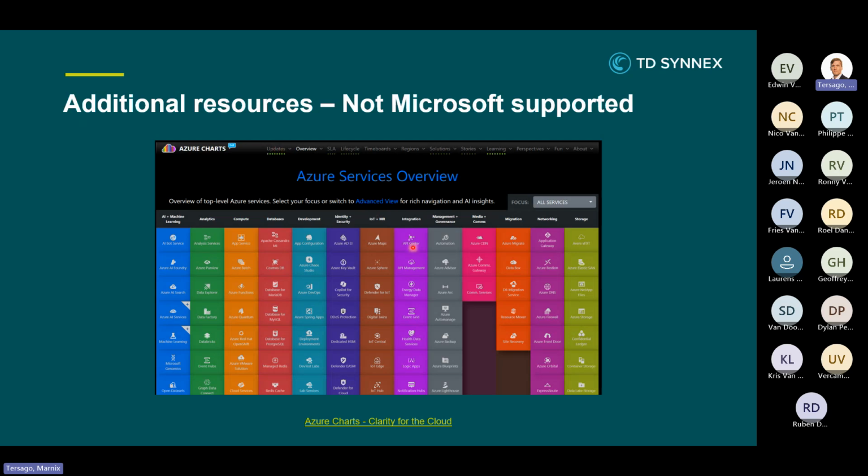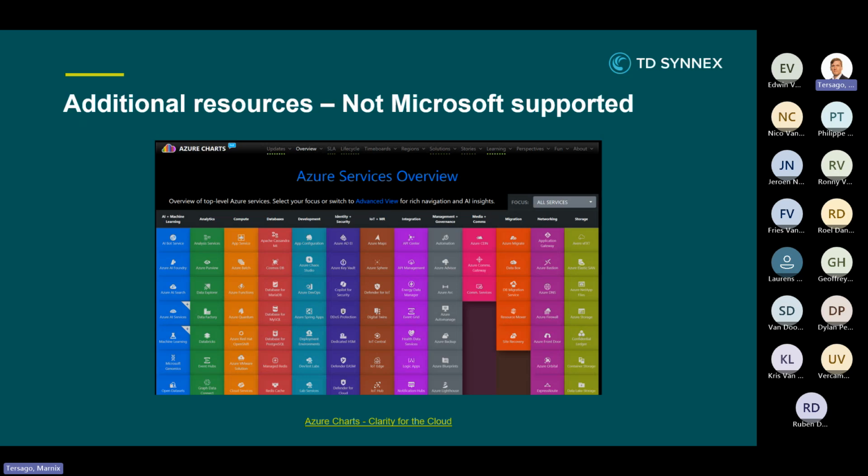You can click around and find related resources, so resources that are commonly used together to build a solution. You can filter on technology. You can click through to learn articles, etc., to further build your estimate.